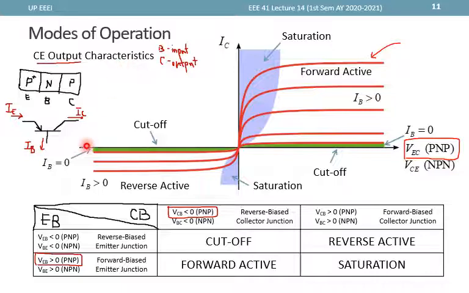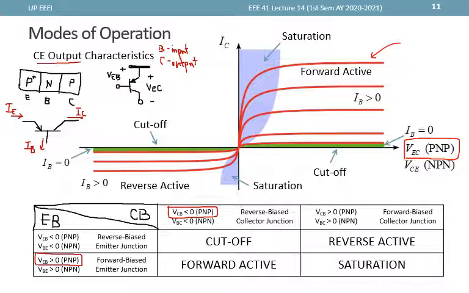Meaning if we draw the PNP symbol in its usual orientation in circuits, so we have this symbol here, and the emitter is at the top, so this is VEC. The minus at the collector, and then the other voltage we are interested in is VEB.